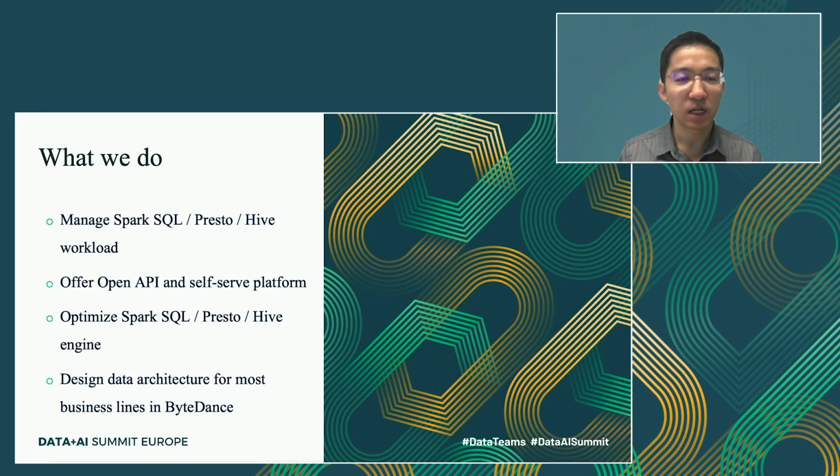We manage Spark SQL, Presto and Hive workloads, and we offer an open API and a self-serve BI platform. Also, we optimize the Spark SQL, Presto, and Hive engines. Actually, we are the maintainers of these big data engines in Bytedance. Besides, we design data architecture for most business lines in Bytedance.